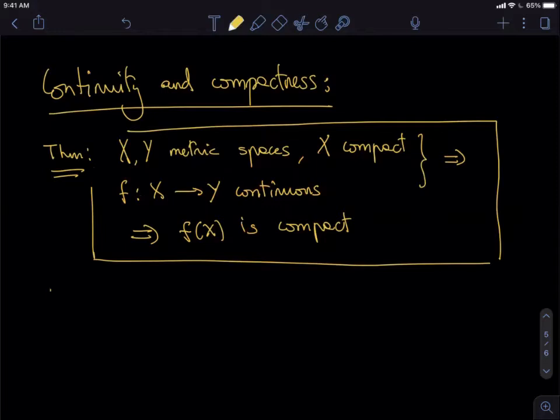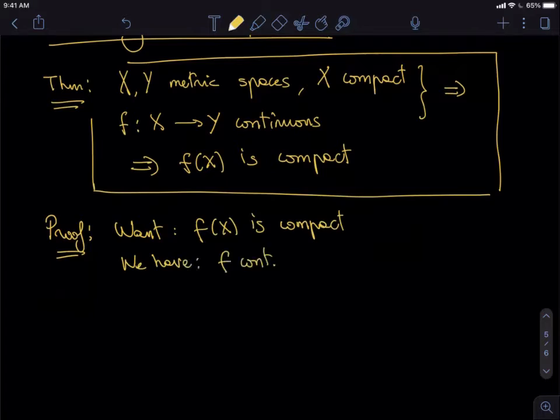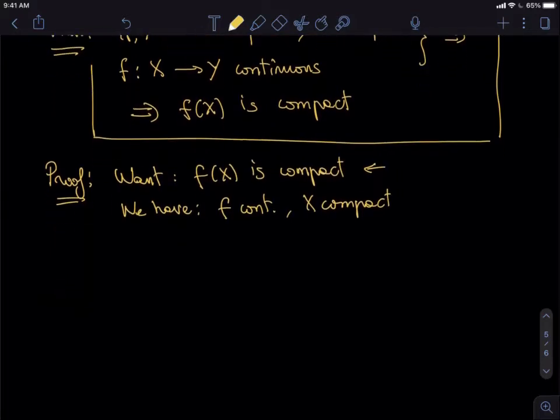So how is the proof? Here we want to show that f of X is compact. And what we have is f continuous, X compact. According to the definitions, we need to show the compactness of f of X. So what does the definition say?